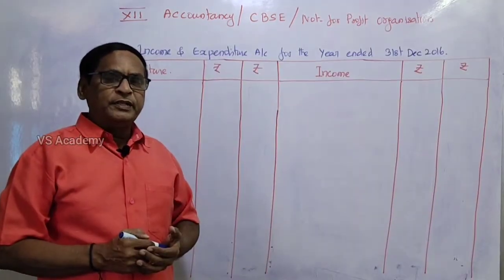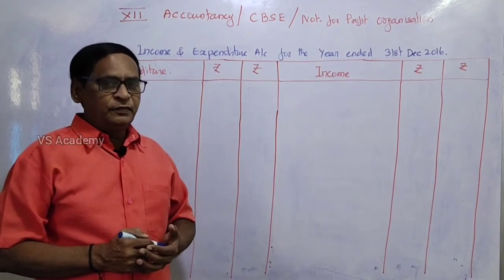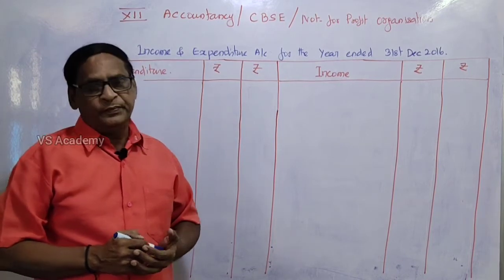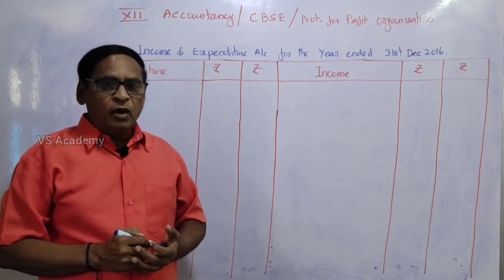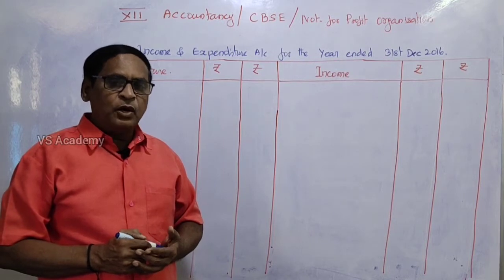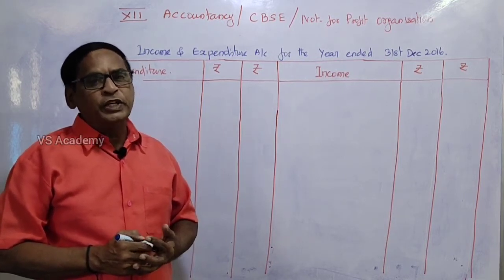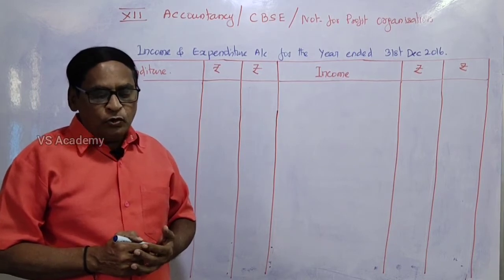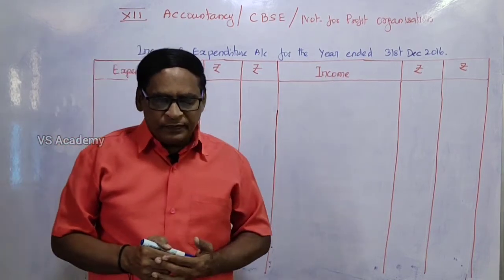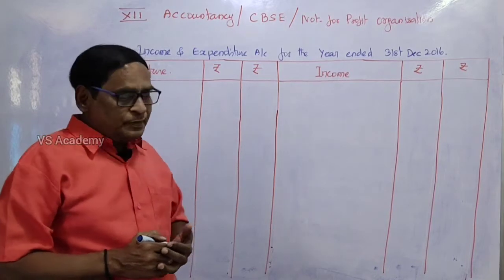Prepare the income and expenditure account for the year ended 31st December 2016. We have to collect all the data only from the receipts and payments account. We have to ignore the opening cash and closing cash and bank. We have to take one by one all the transactions. We will take the receipt side.